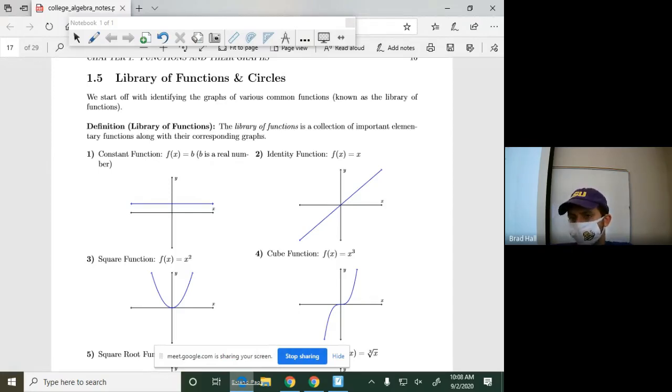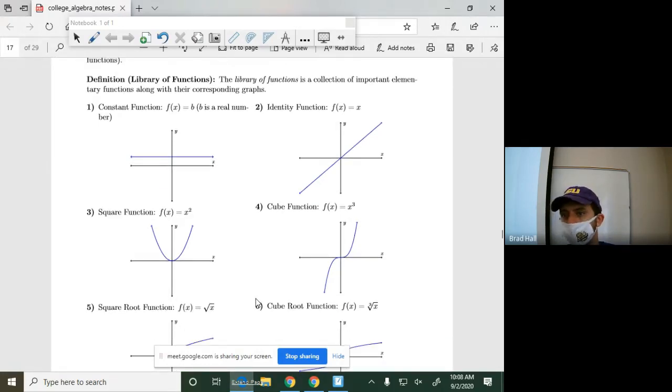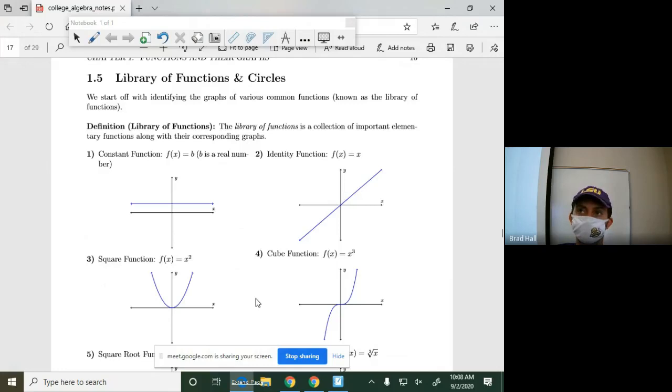We will be looking at library of functions, though. And there's not really much to say about them other than here they are. If you've taken college algebra before, perhaps somewhere else, you might know of these as parent functions. These are the basic shapes of some more complicated functions that we look at.